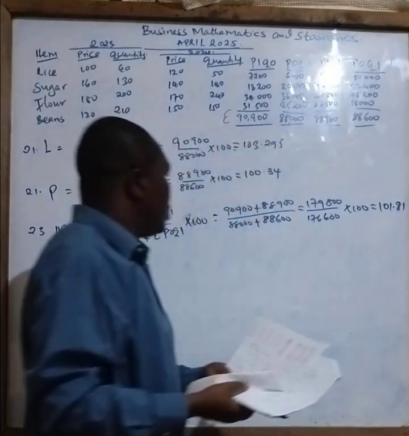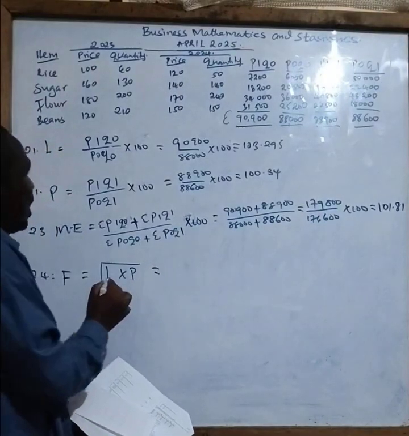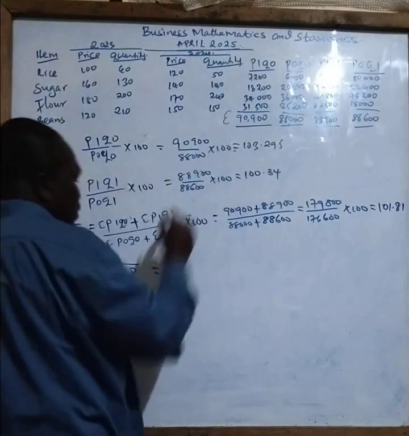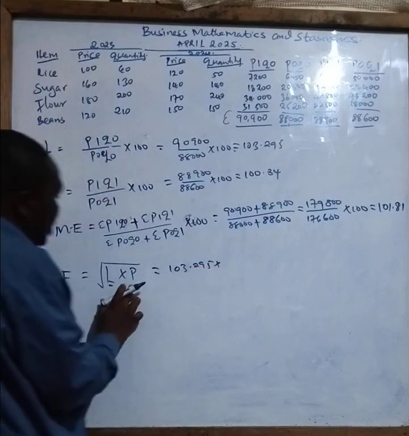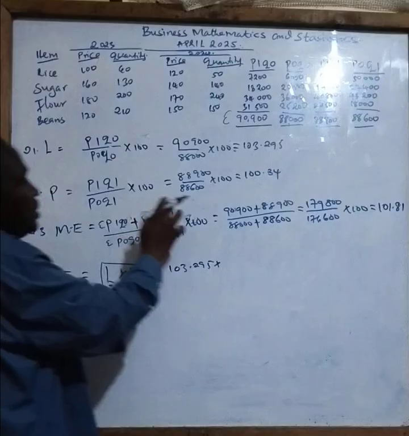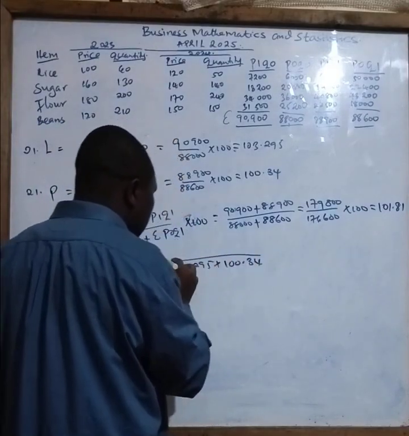So you can see, we go now to the last one, which is now L. We have already found last pairs, which is 103.29, times purchase, which in this case is 100.34. You get the square root.